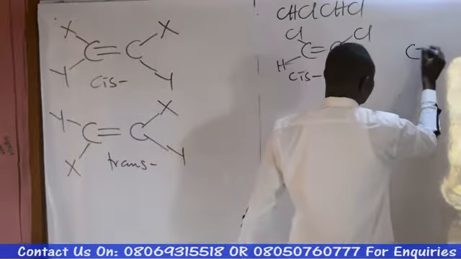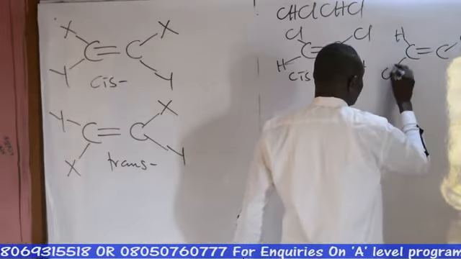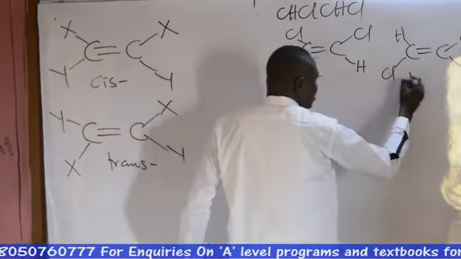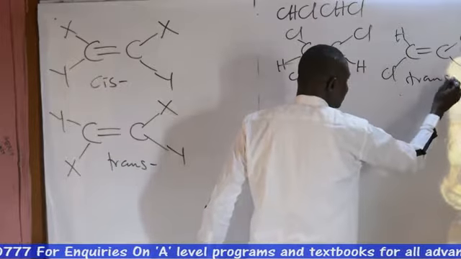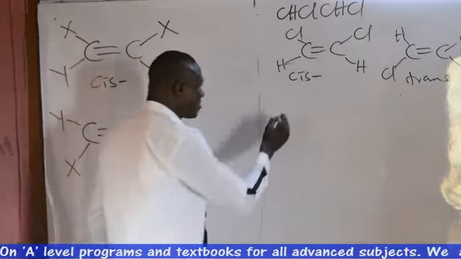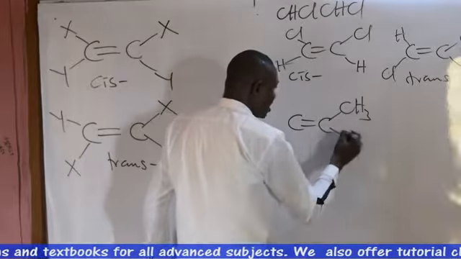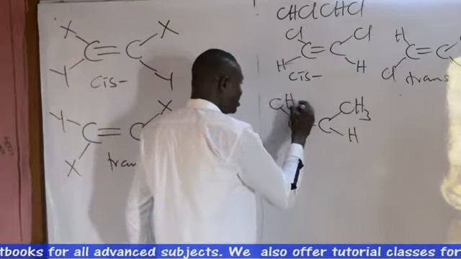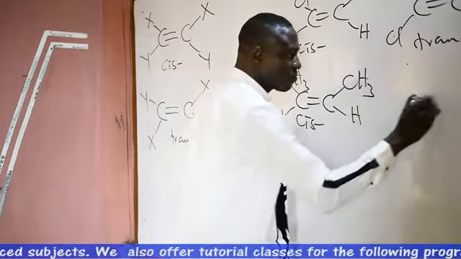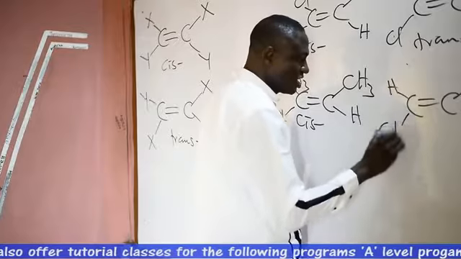And you have C double bond C, chlorine, hydrogen, chlorine, hydrogen. This is trans-1,2-dichloroethene. Other examples are butene. You also have butene, C double bond C, CH3, hydrogen, CH3, hydrogen. This is the cis form of butene, while the other is the trans form of butene.